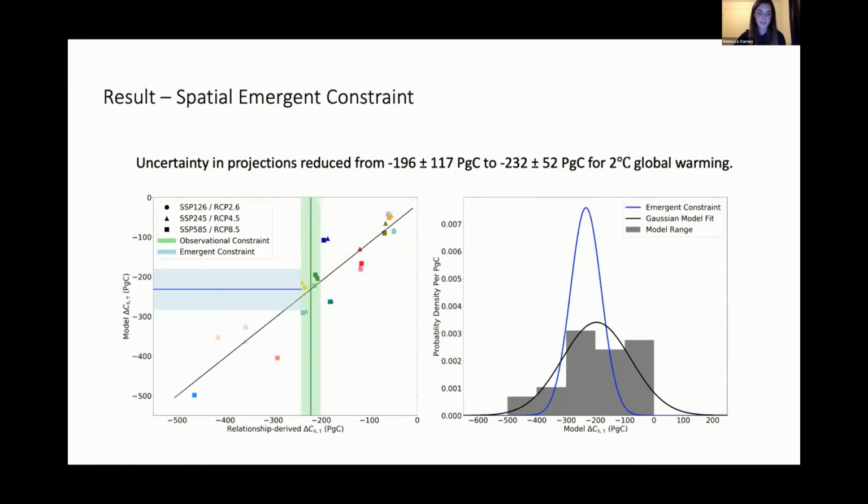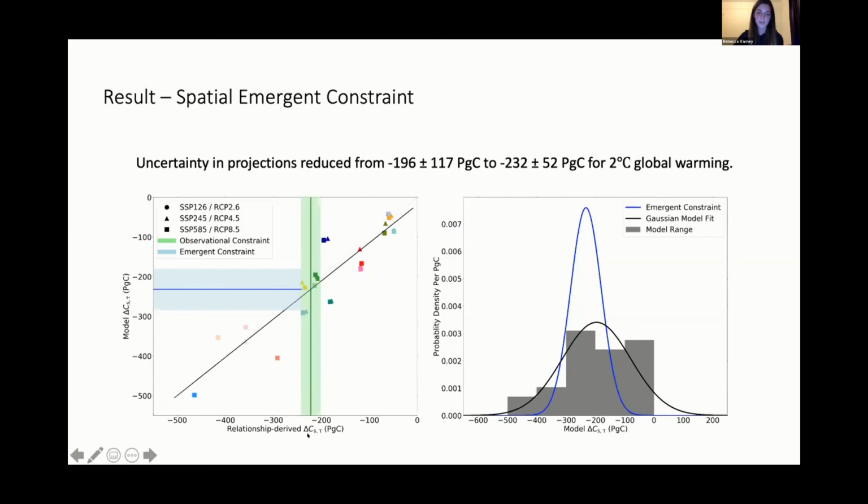relationships on the x-axis. However, to obtain this observational constraint, we take that observational quadratic relationship, the thick black dotted line. Because that's derived from observations, we can take that to represent the real-world spatial temperature sensitivity, where we can then calculate the subsequent change in soil carbon using this sensitivity.